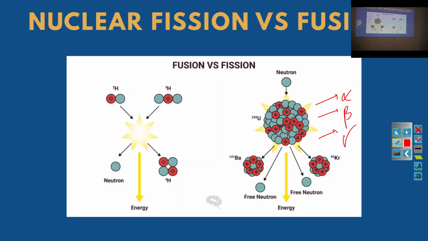Examples you can take are uranium and plutonium, these are radioactive elements.